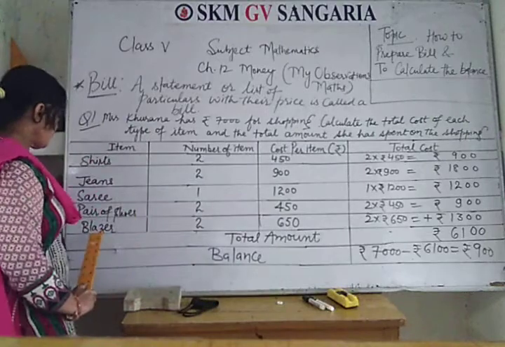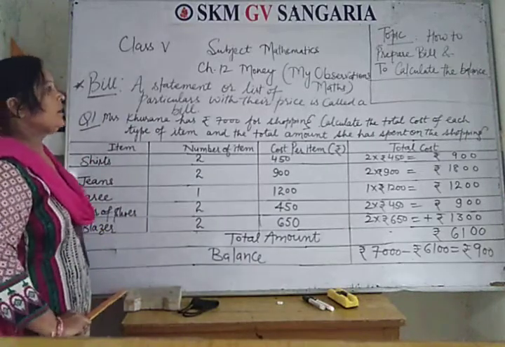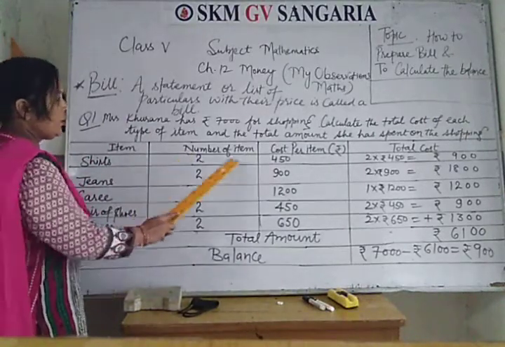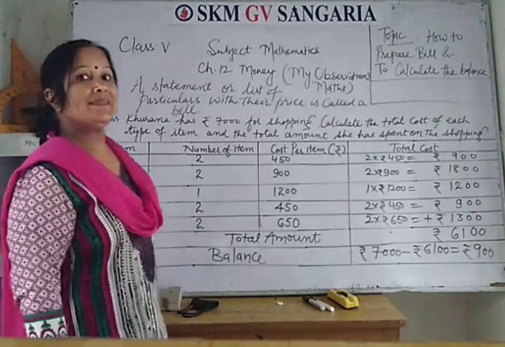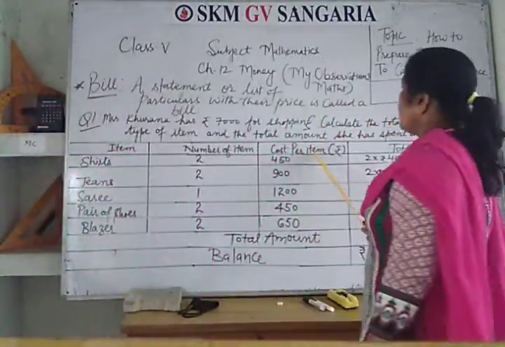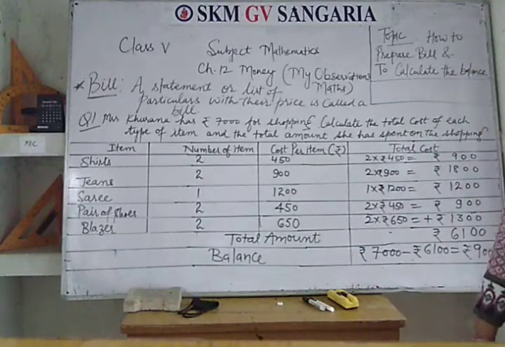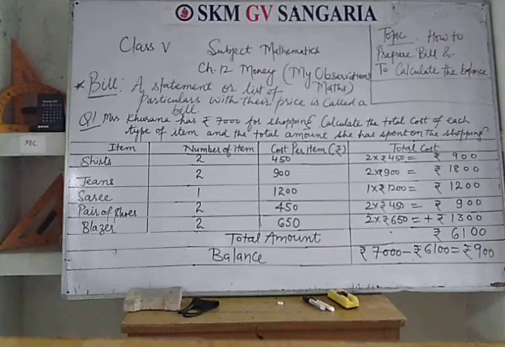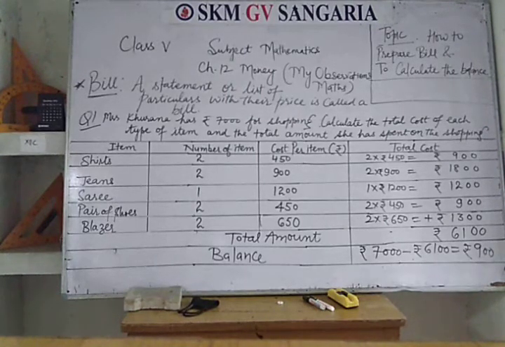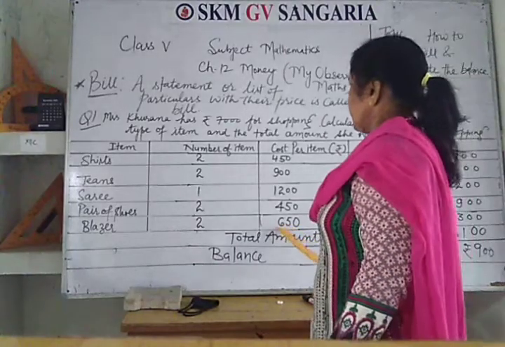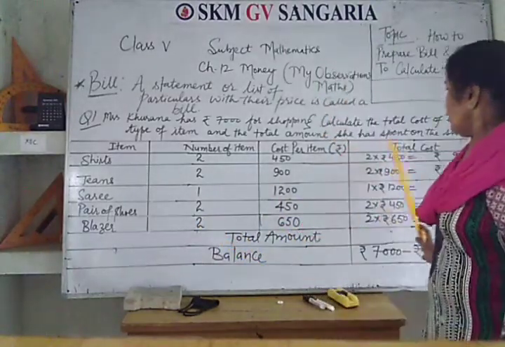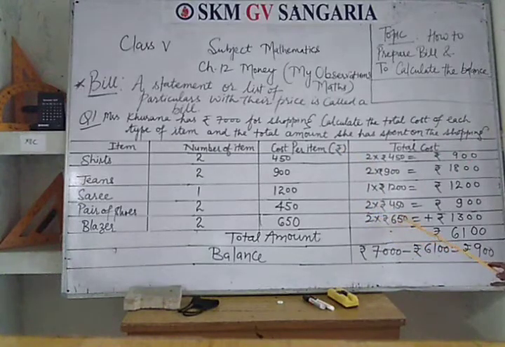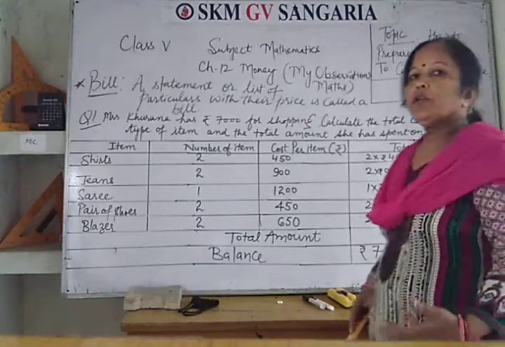Then she has purchased blazers. Number of items 2, 2 blazers. The cost per item is rupees 650. So the total cost will be 2 into rupees 650.